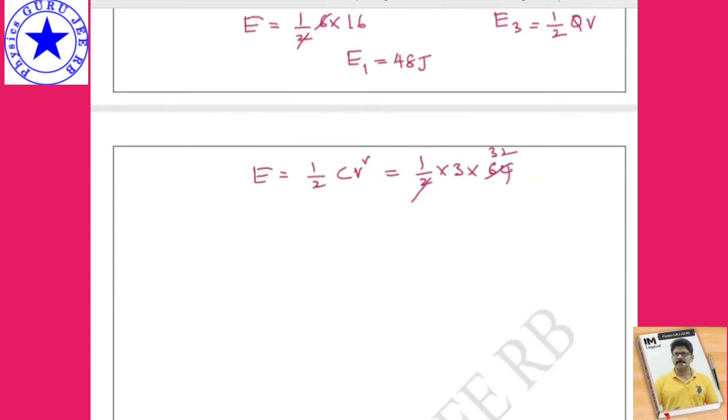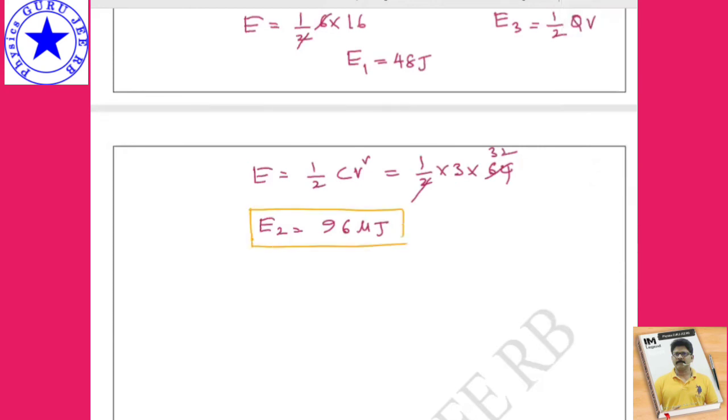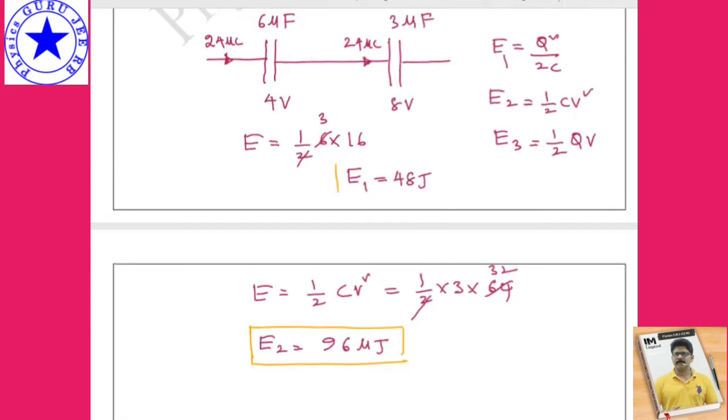The energy is 96 microjoules. So E2, the energy stored, is 96 microjoules. Hope it is clear till this point, all of you. So this is the energy stored in this one, and here also energy is stored. Hope these two are right, E1 and E2.